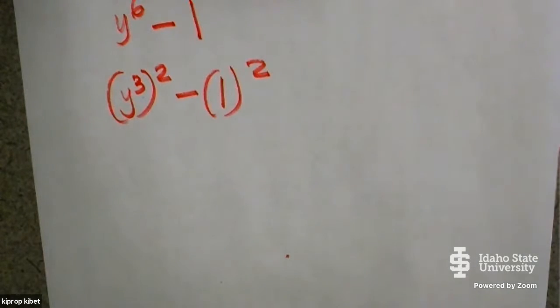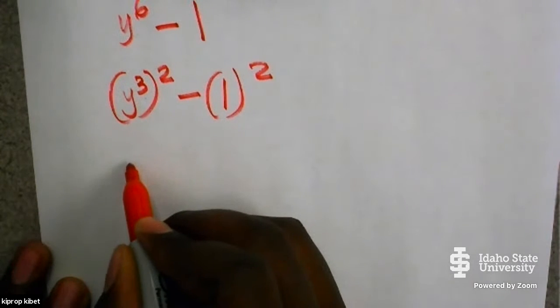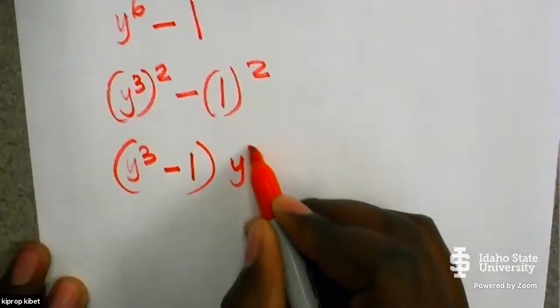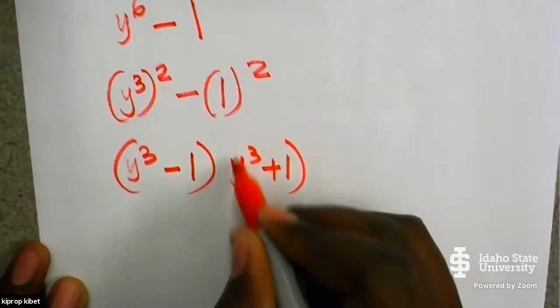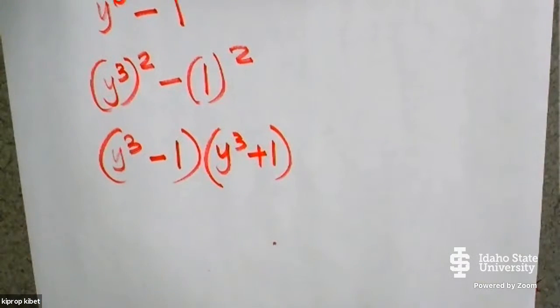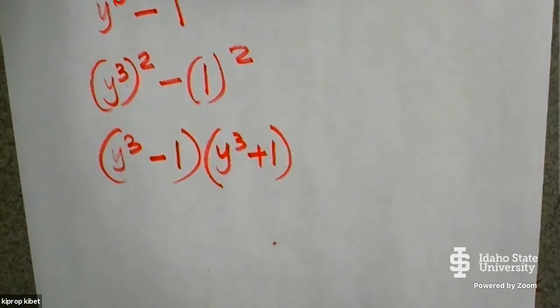So when it becomes a difference of squares, it will now be (y cubed minus 1)(y cubed plus 1). Now, the two of them are what? Difference and sum of cubes.